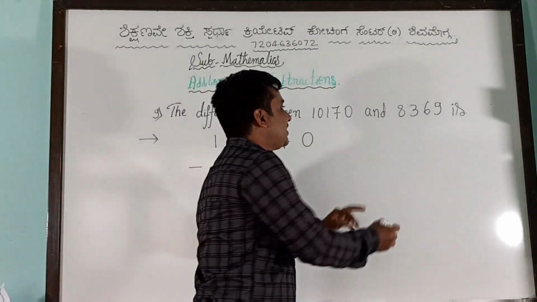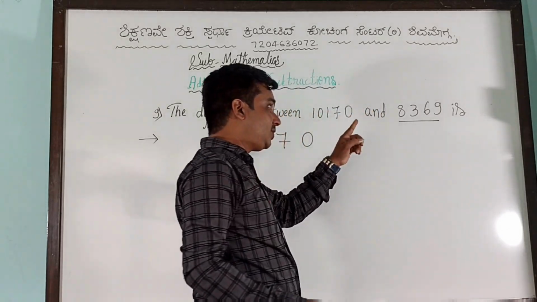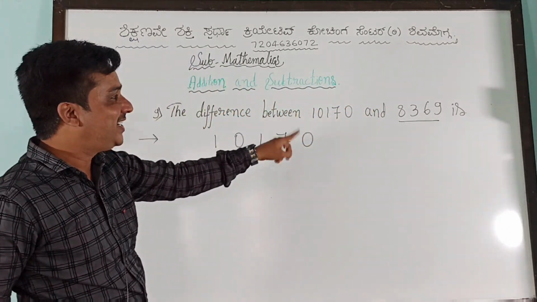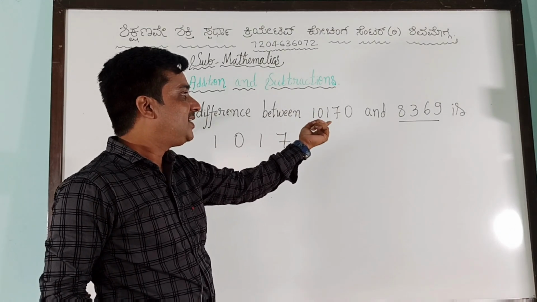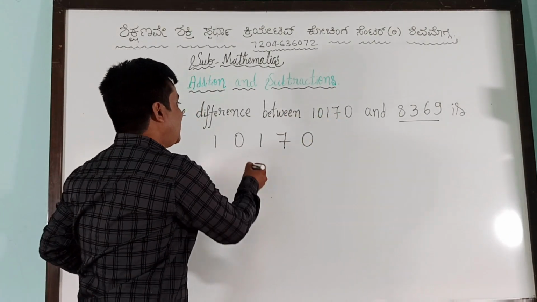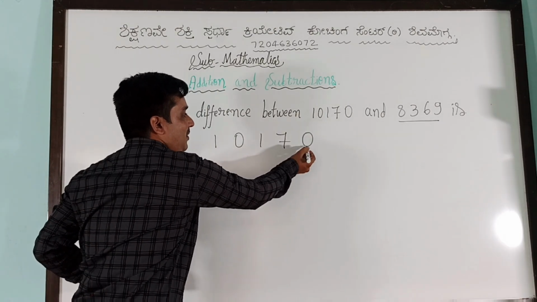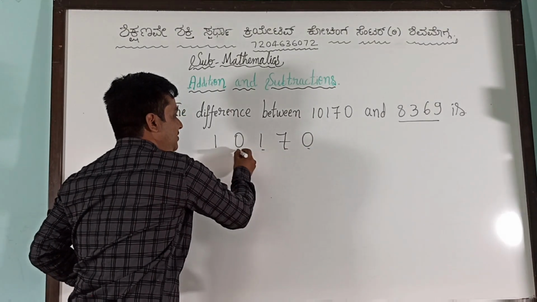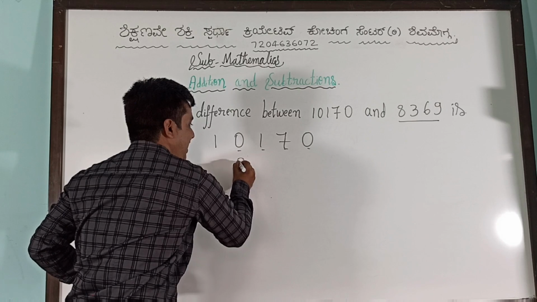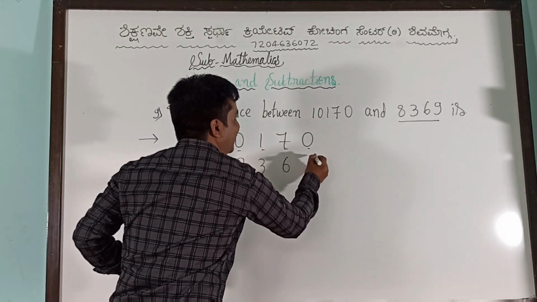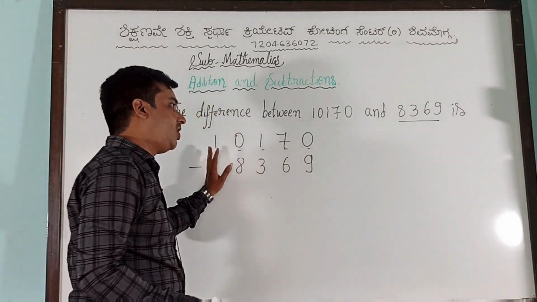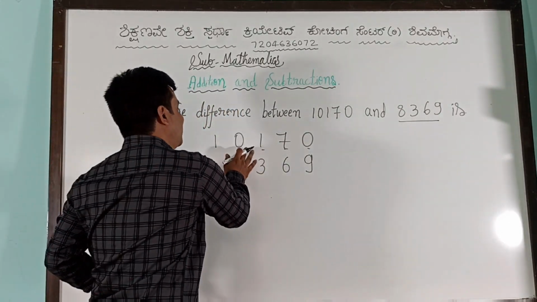Okay, here see, the second number they have given, 8,369. 8 is in the thousand place. Under the thousand place let's write the number. Here ones, tens, hundreds, thousands place. So here comes 8, right? Next 3, next 6, next 9. Like this, according to their place we have to write the numbers.